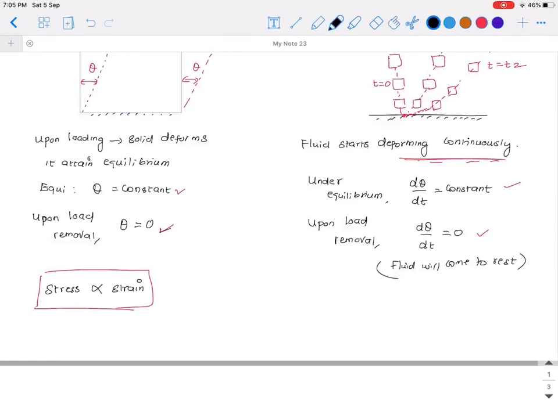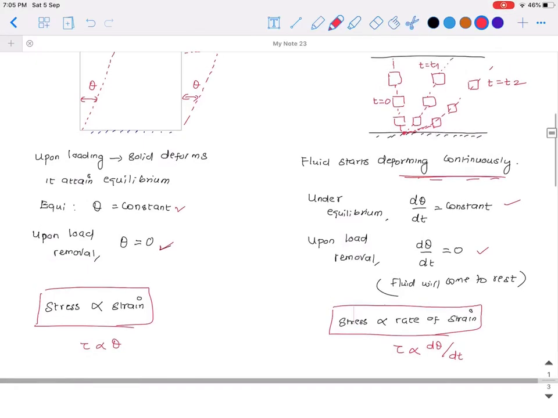But for a fluid, stress is not proportional to strain. Stress is proportional to rate of strain. Okay, tau is proportional to theta here. Tau is proportional to d theta by dt here.